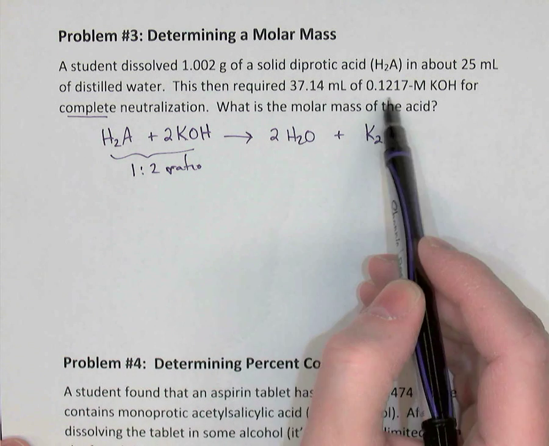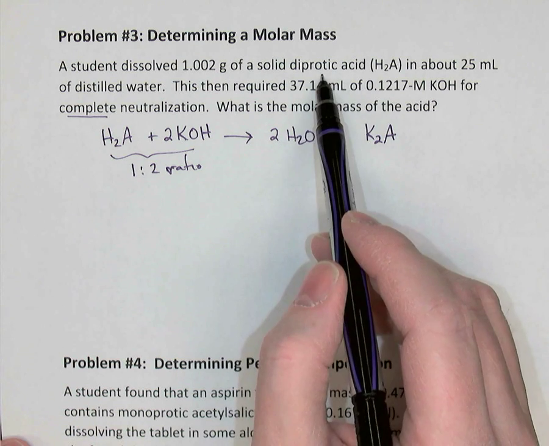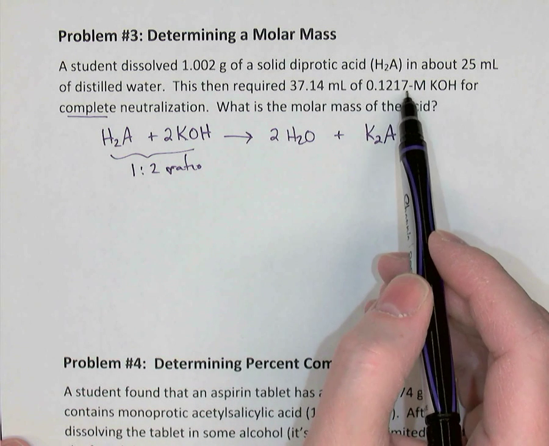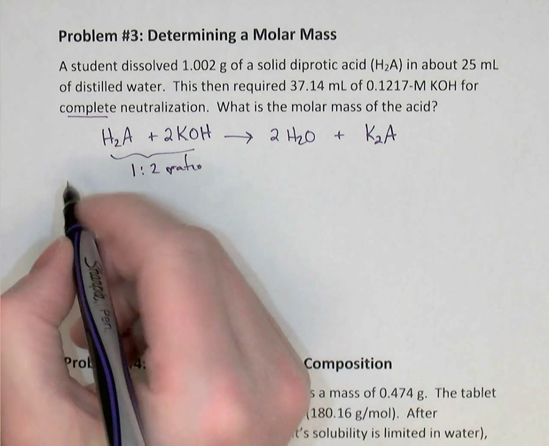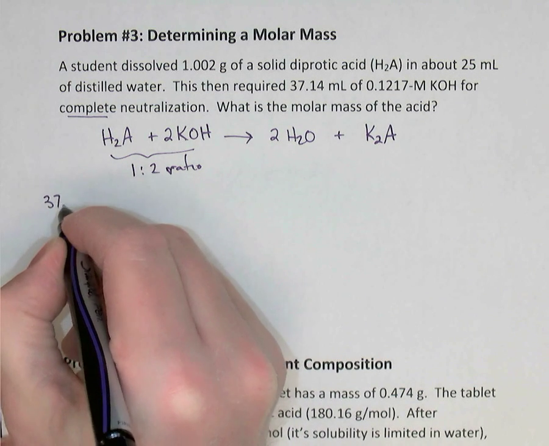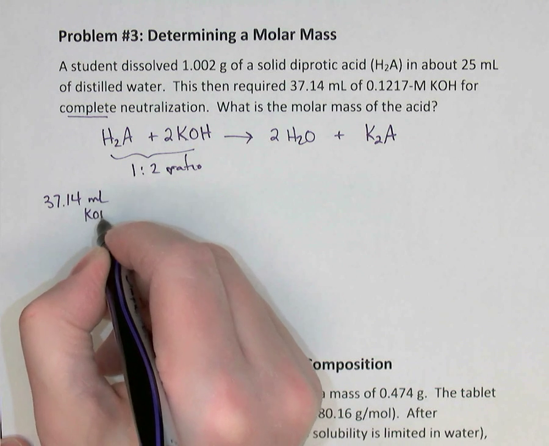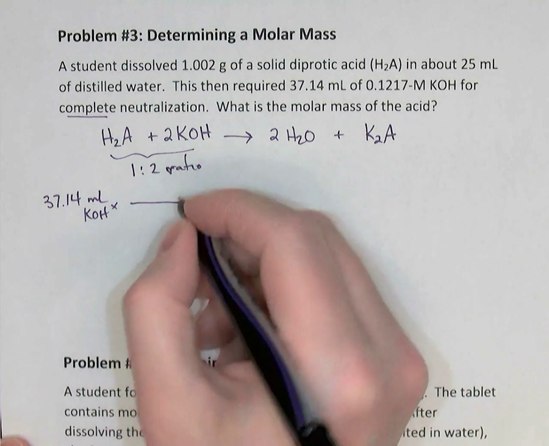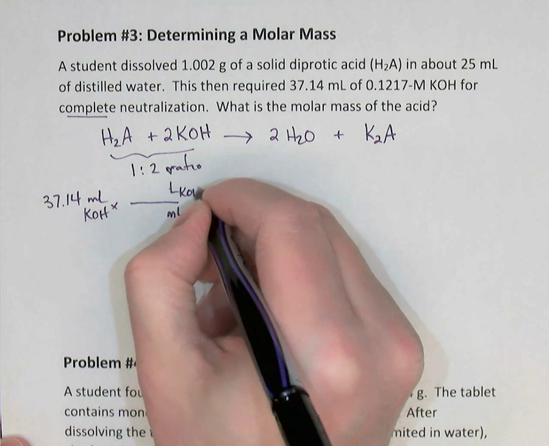Here's a volume and a concentration of base. So I'm going to start with my volume, right? The concentration will be a unit multiplier. Don't start with unit multipliers. So if I take my 37.14 milliliters of the base, KOH, you should know by now milliliters will be converted to liters of KOH.